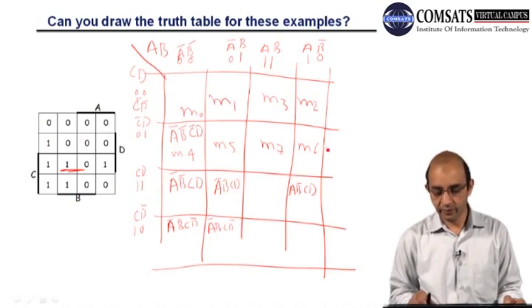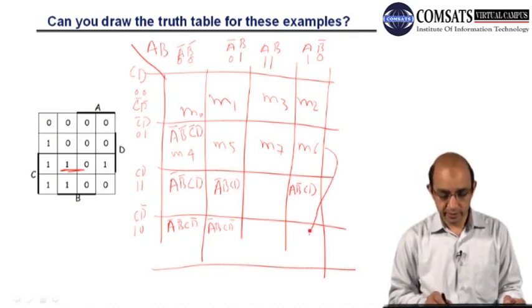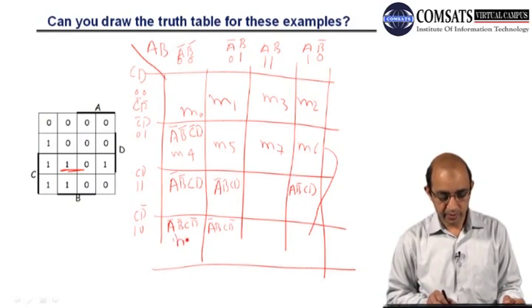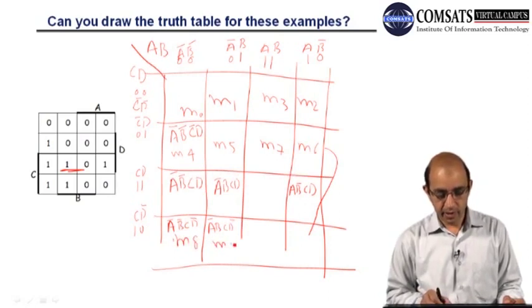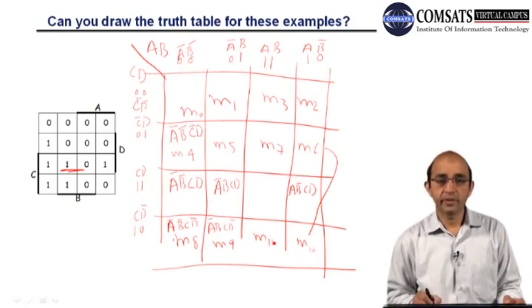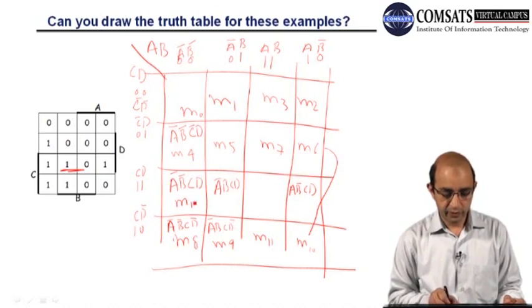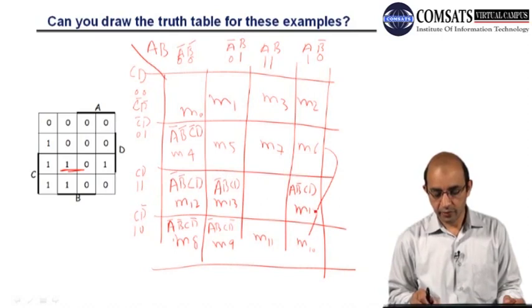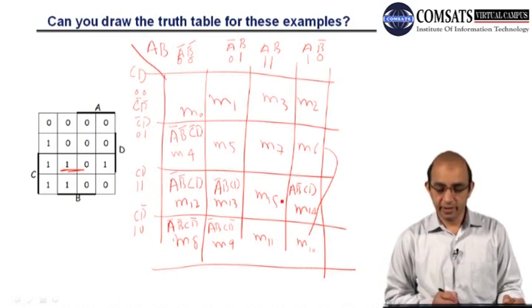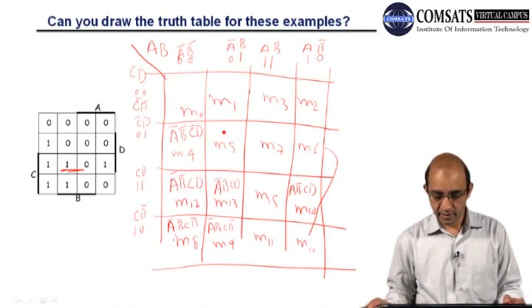Remember, here we have to jump here, so m8, m9, m10, and m11, and then we will fill this, m12, m13, m14, and m15. So these are the corresponding min terms.